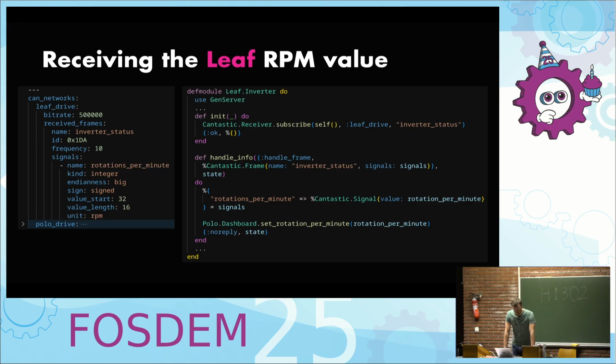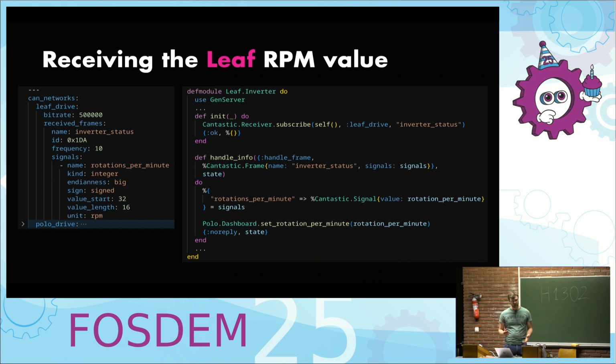So on the left, you have the YAML file with that Leaf drive CAN network. And then we have a received frame, so for the inverter status one that we found on the DBC file. And we define that rotation per minute as a big endian integer. And then on the right, we have our simple business logic code that is implemented also as a gen server.